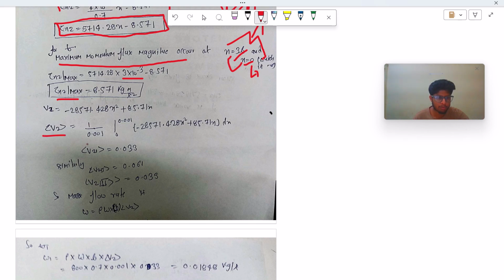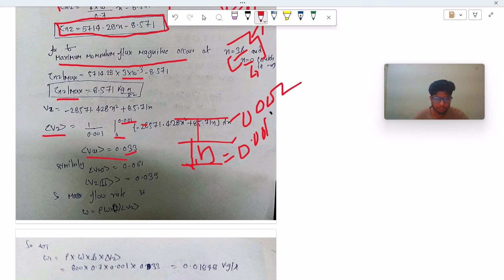So we get our average velocity for Vz1 as 0.033. We take our limit from 0 to 0.001, and this is fluid one, which has thickness b equal to 0.001. Similarly for fluid 2, which has a thickness from 0.001 to 0.002, we get Vz2 equal to 0.061.